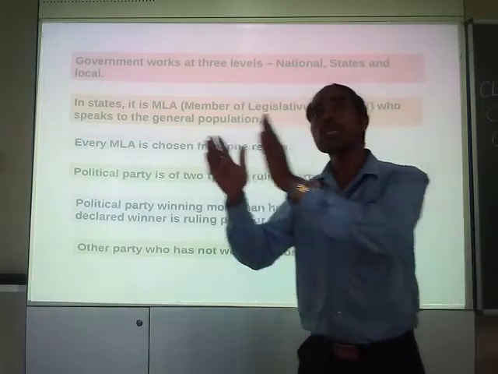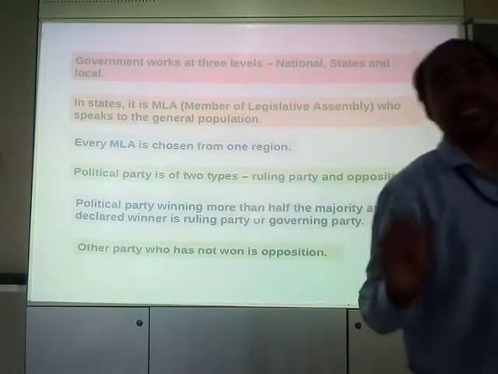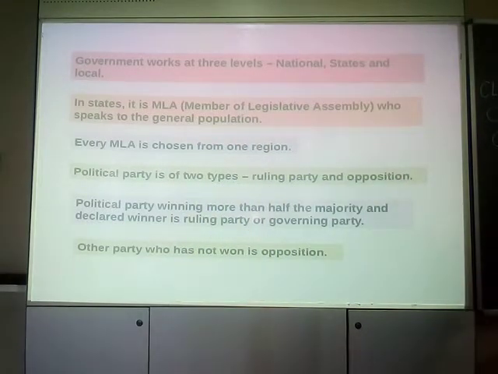Those leaders are MLAs, Members of Legislative Assembly.